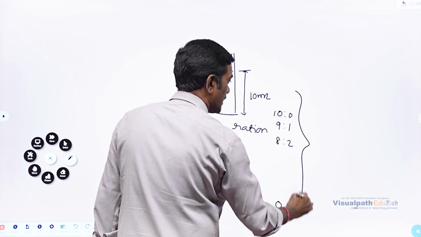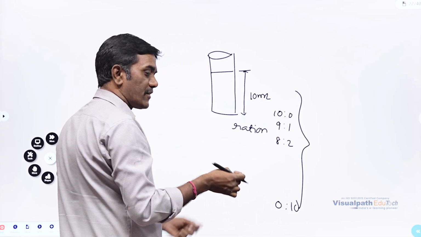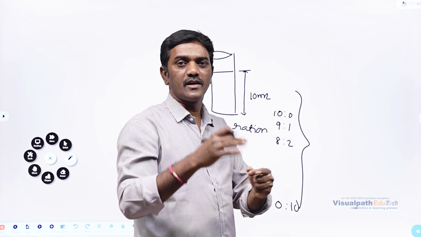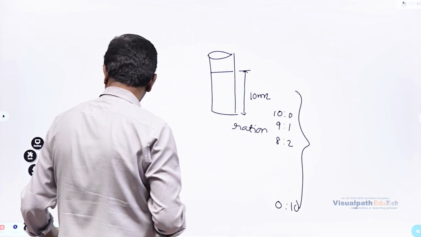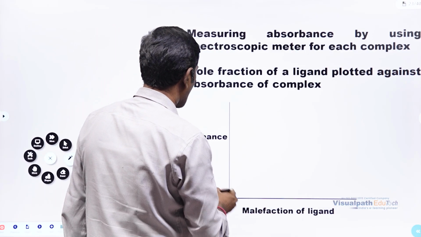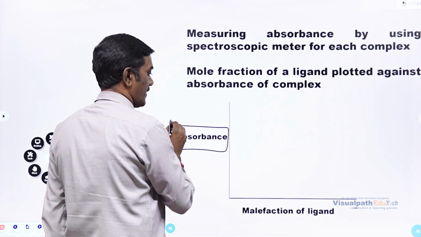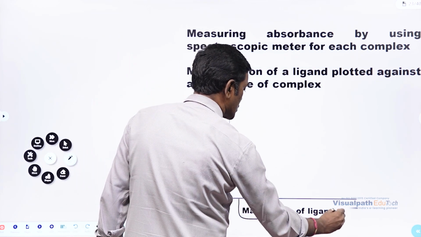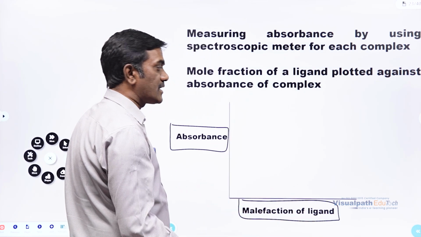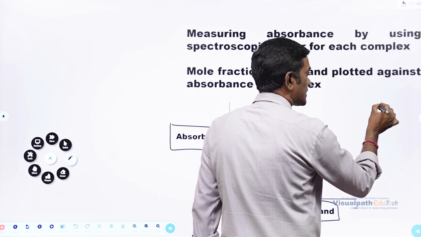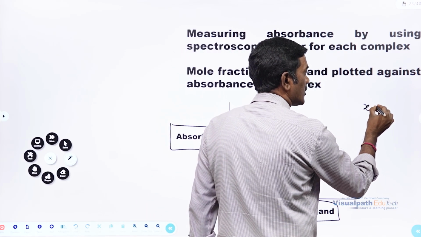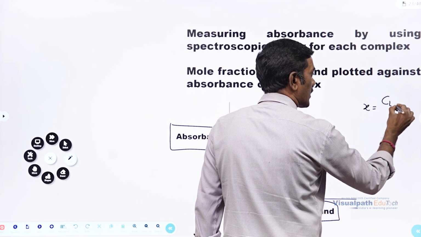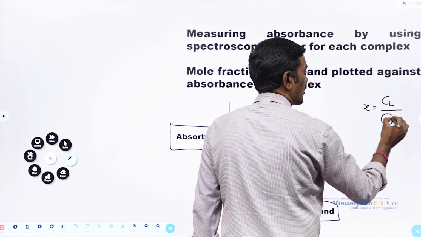So in this way we will take solutions and measure absorbance using the instrument. Once we have measured the absorbance for different mole fractions of ligand, what is the meaning of mole fraction? Mole fraction is equal to the concentration of ligand divided by the total concentration.